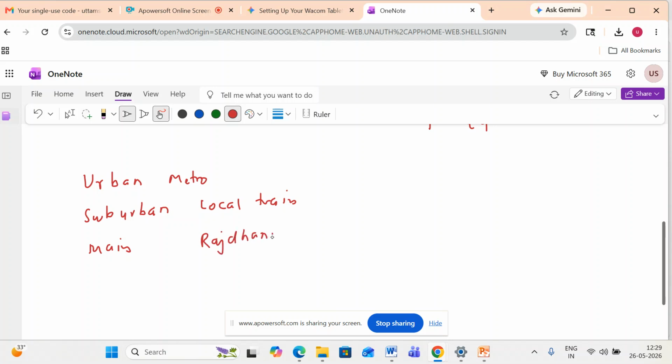What is the main difference between these trains? We can take the distance between the start and stop points, then the acceleration and the braking.